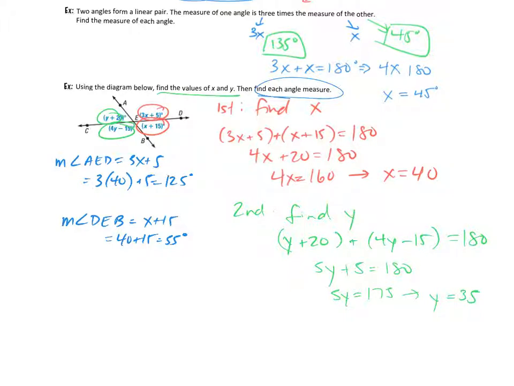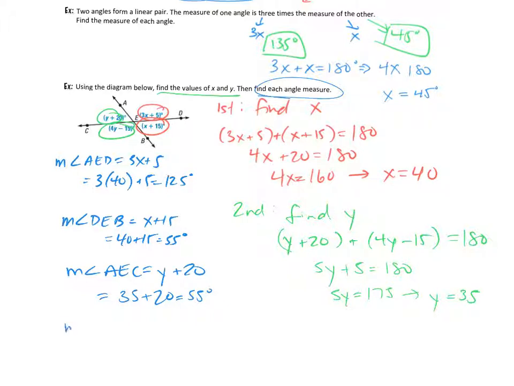Now, I could just use my vertical angles and figure out what my other two are, but let's actually plug these in and make sure that it works. The measure of angle AEC equals y plus 20. In this case, y is 35, plus 20 is 55 degrees, which does line up.